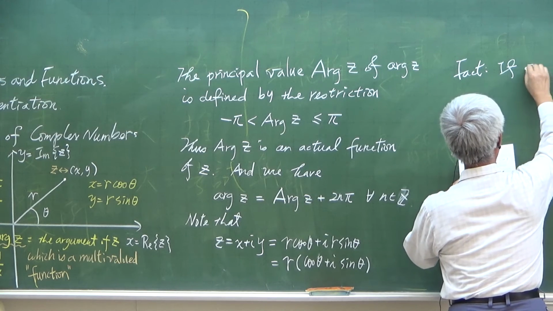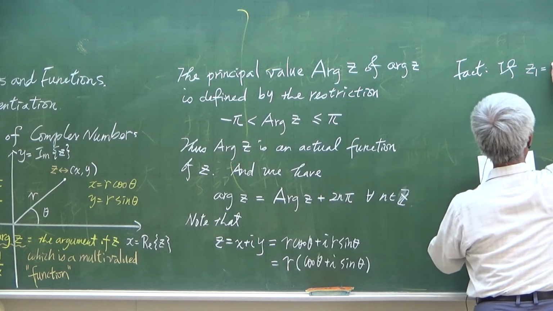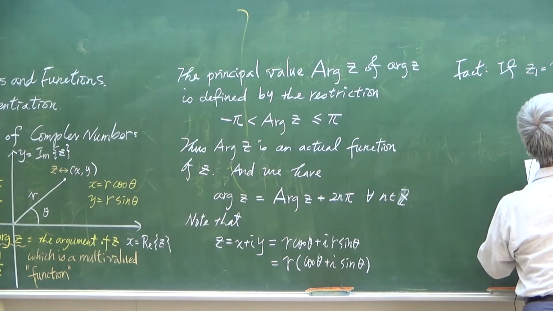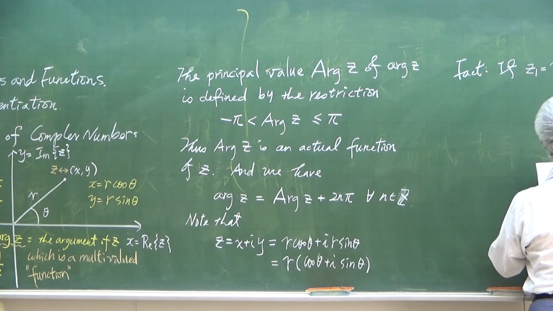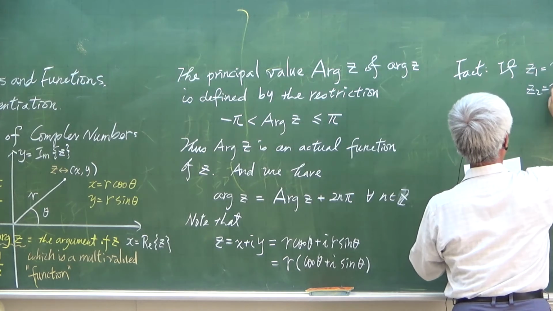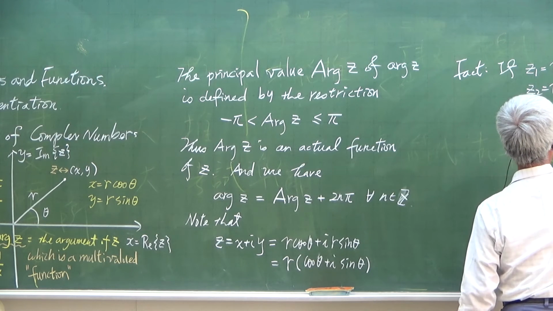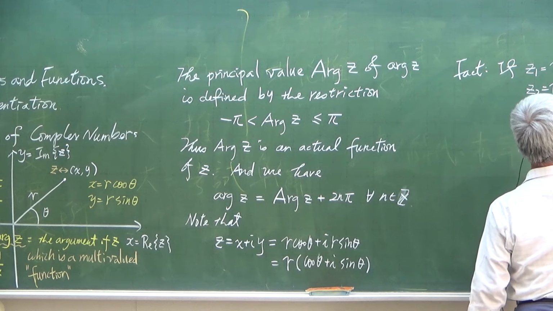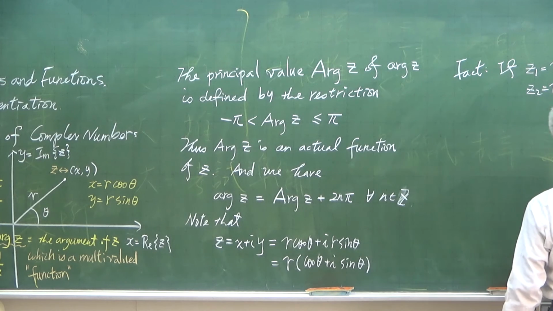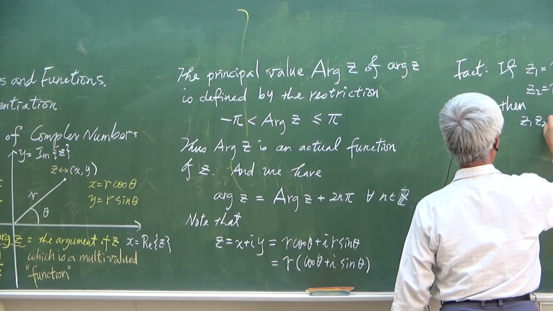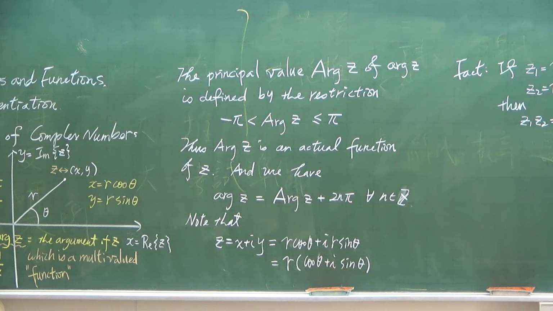Right. Okay. So now the fact. If z1 is equal to r1 cosine theta 1 plus i sine theta 1, and z2 is another complex number, r2 cosine theta 2 plus i sine theta 2. Alright, so if we have that, then we can do the product.